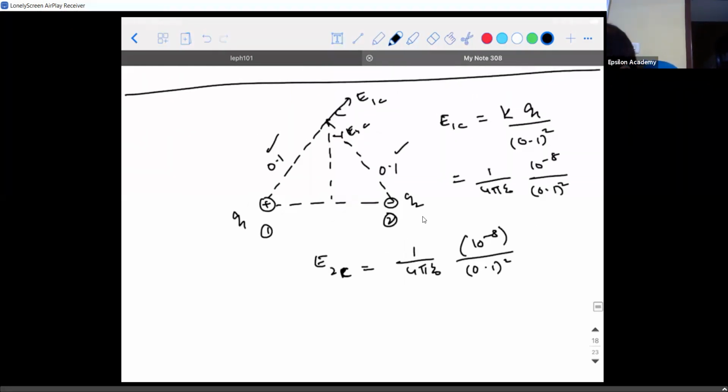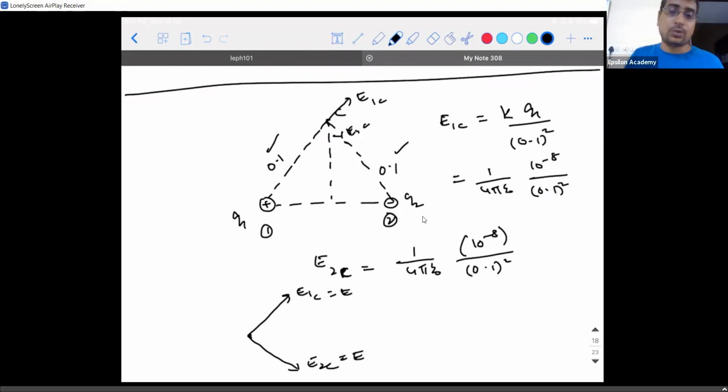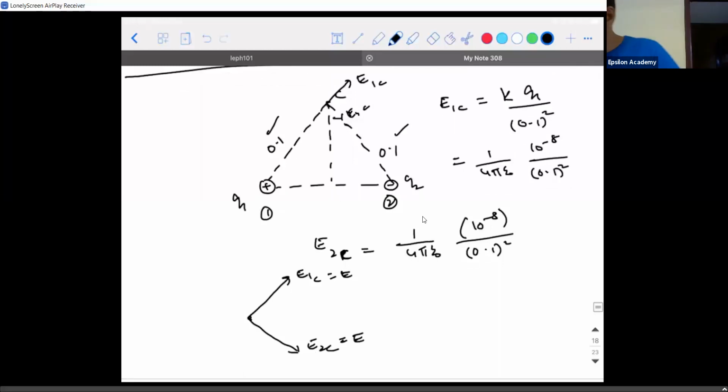But how are they inclined? This is E1C, this is E2C. E1C and E2C have the same magnitude. Correct? So if I take this as theta and this also as theta, then the resultant will be an angular bisector of both. This will be 2 theta.